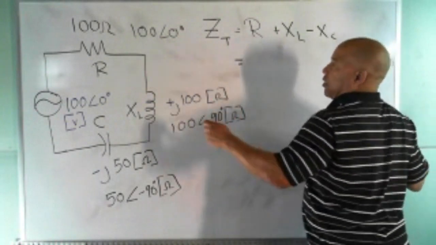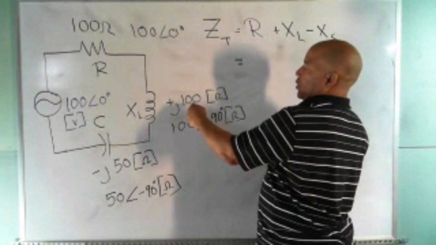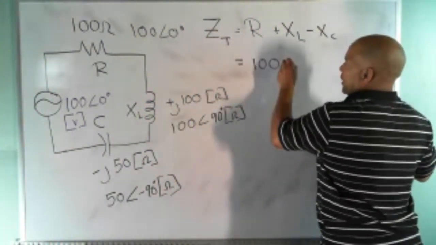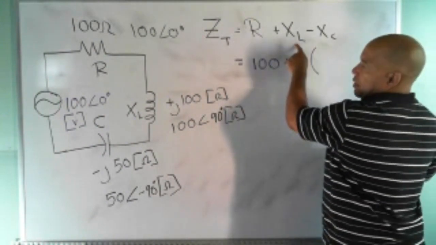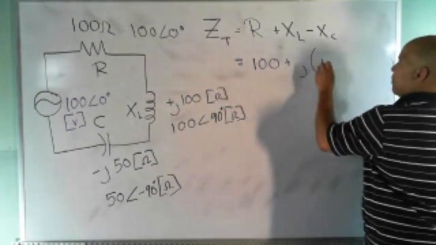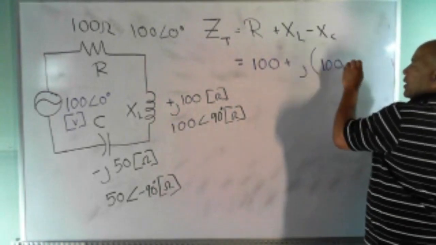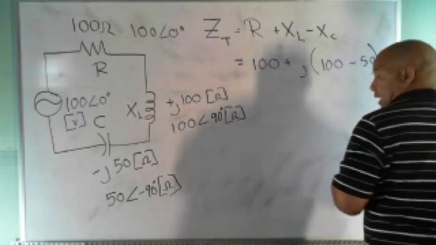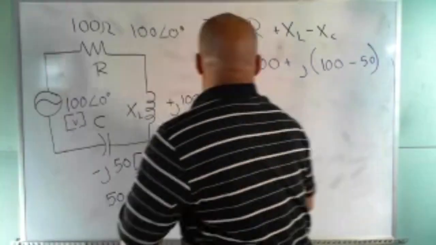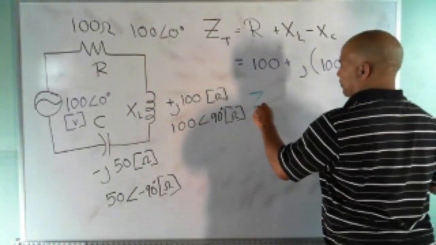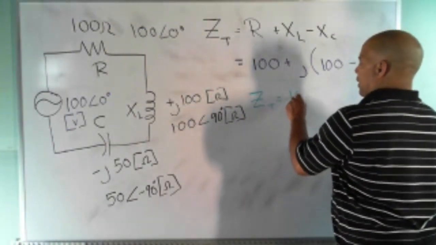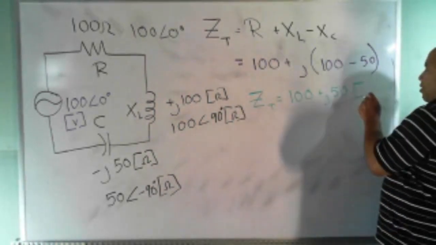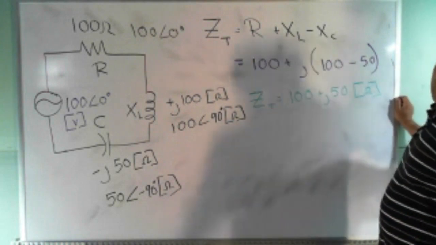Notice I'm adding now, so I'm using all my rectangular forms. R is 100 plus XL is 100, XC is minus 50. So then I end up with ZT equals 100 plus J50, and my units would be ohms. So there's my total impedance.